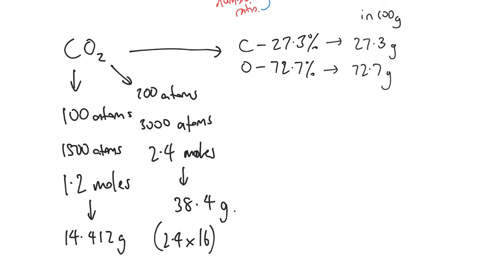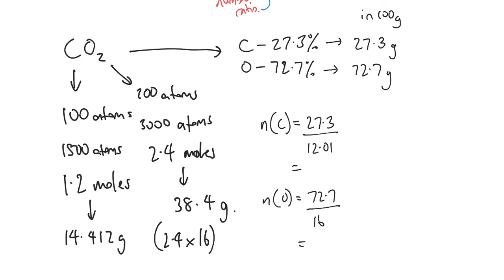Okay? We could then work out the number of moles of these two things. The number of moles of carbon is equal to, for example, 27.3 over 12.01, and the number of moles of oxygen would be 72.7 over 16.